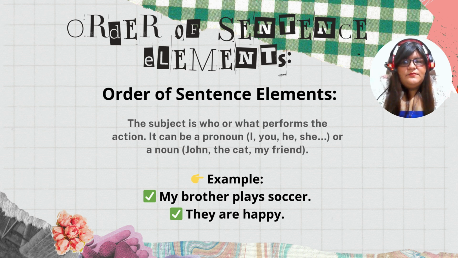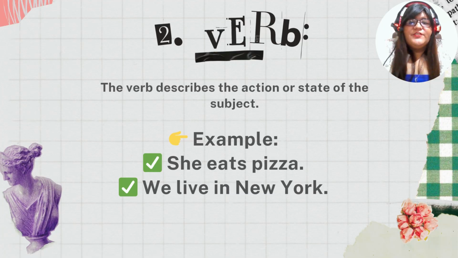For example, my brother plays soccer. They are happy. If you see here, my brother plays soccer, we use the verb. And if you see here, they are happy, I am describing an emotion that they feel. And how do I describe emotions? Yeah, with adjectives.